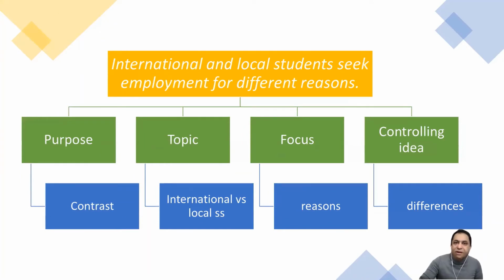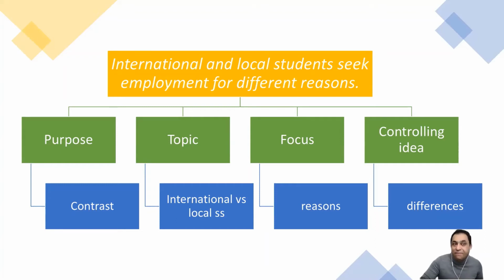Sometimes we write a paragraph to express the differences between two items. That's called a contrast paragraph. Compare and contrast, that's something we do quite often in our life. If we focus on similarities, you say that's a comparative paragraph.